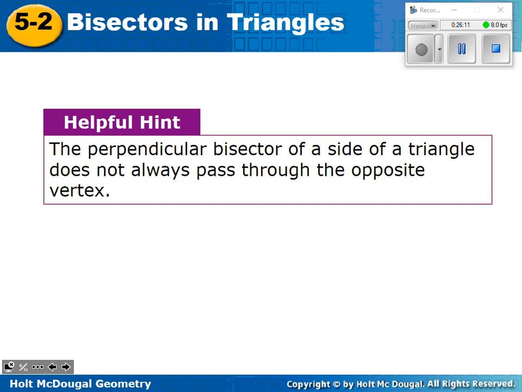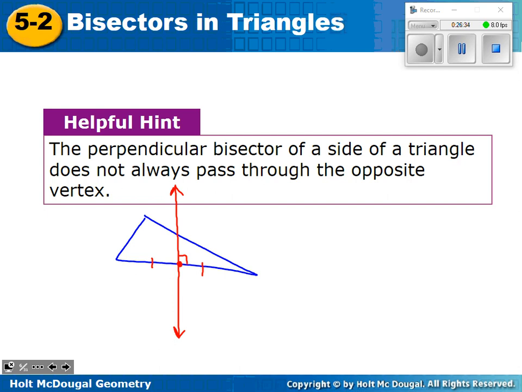And again, I just said this, it might pass through the vertex, but I do want to be clear. The perpendicular bisector of a triangle does not have to go through the vertex. For example, if this is the midpoint and I draw the line that is perpendicular through that midpoint, notice it does not go through the vertex.